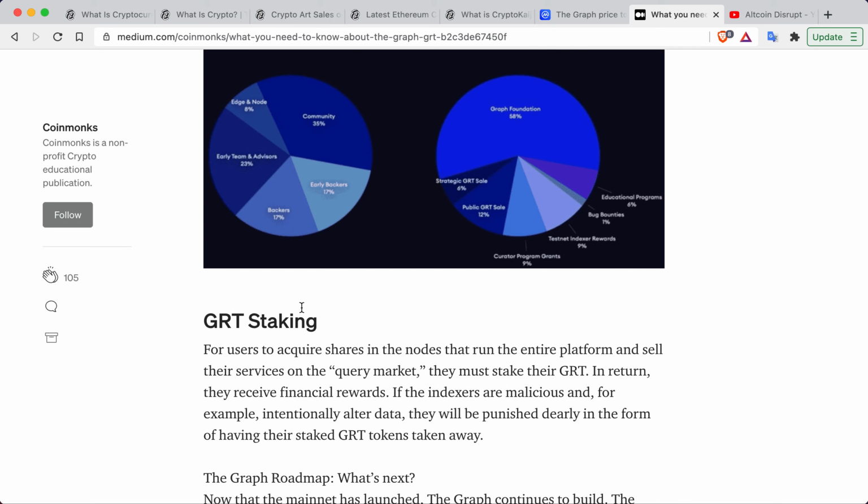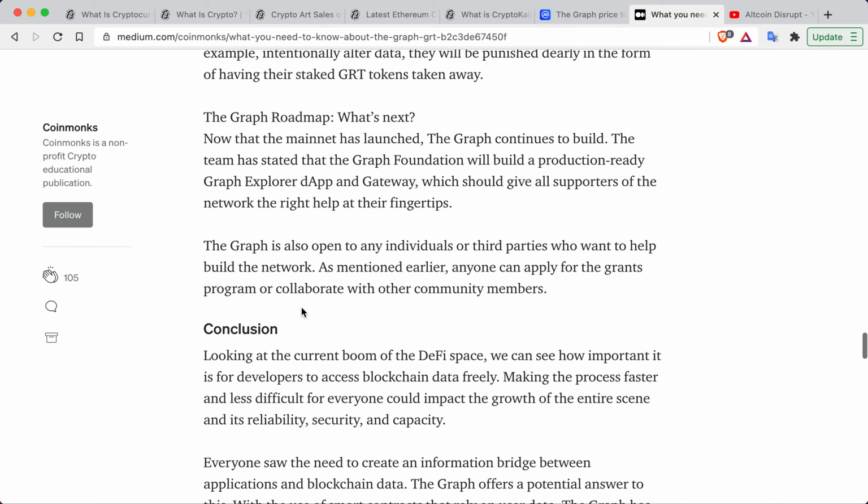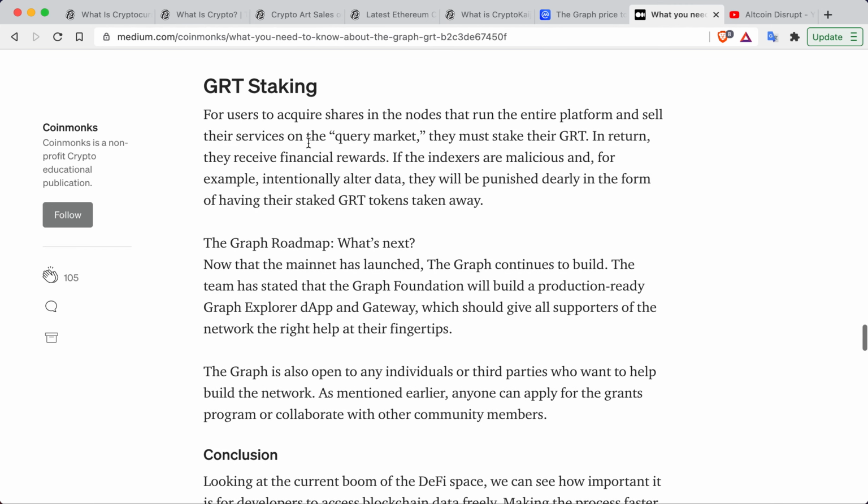And they've also got staking. A lot of coins have got staking these days, and this is good. Their staking is so that users can acquire shares in nodes that run the entire platform and sell their service on a query market. They must stake their GRT. So that's important. It's important that you guys understood that part.